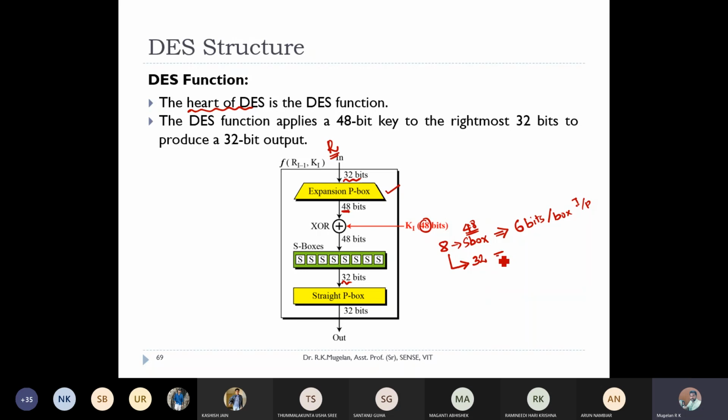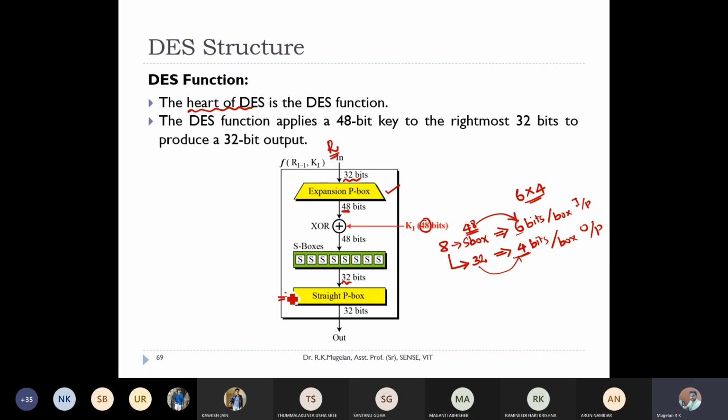So to produce 32 bits as output, how many bits should be produced as output from each box? Can anyone tell? 6 bits, 8 boxes, so I can accommodate 48 bits, but the output should be only 32 bits. So if I give 6 bits as input for a single box, how many bits should be given as output from that box? Can you tell? Yeah, Kashish. Right. So it's a 6 by 4 S-box, which will give me 32 bits.